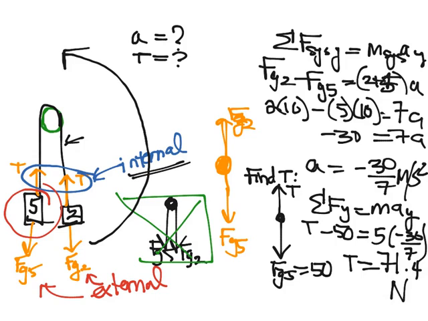Alright, so I have one more for you to try. Imagine that there is instead a block, a pulley, and another block. For simplicity, let's say no friction.